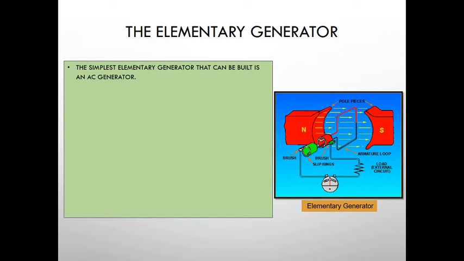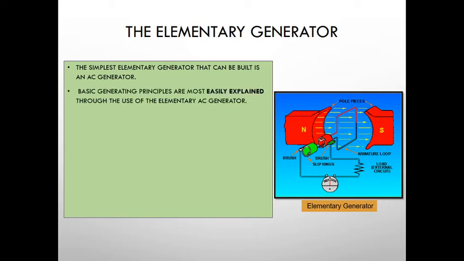We have the line of flux from north to south, then we have a loop of wire placed in the magnetic field, then we have the brushes, we have the slip rings, okay, and a load. Okay, so basic generating principles are most easily explained through the use of an elementary AC generator.